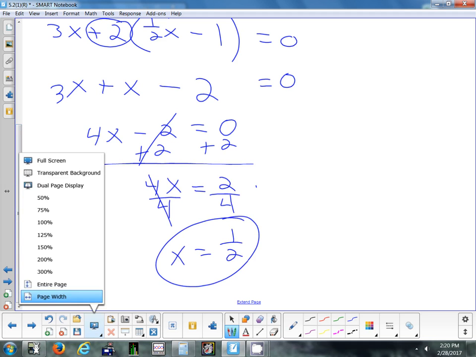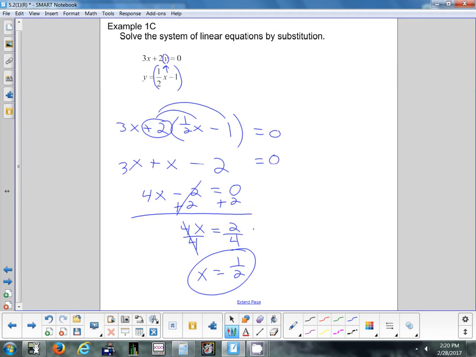Okay, so let me scroll back up, find my equation that had y by itself. What we do today or tomorrow, you're always going back into the equation that has the variable isolated to get your other variable, to get your other answer. So now filling in x in that equation.